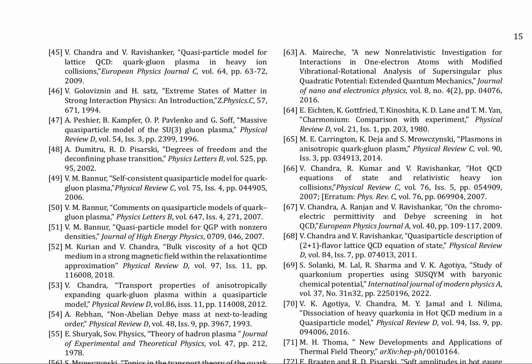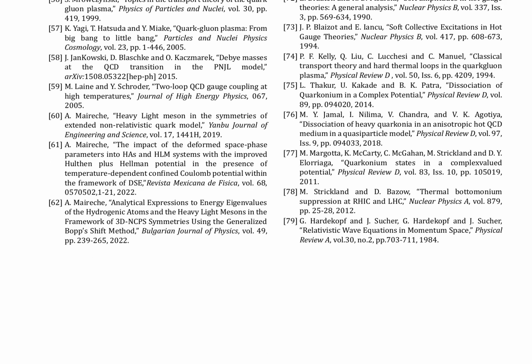The authors have reviewed various quasi-particle models, including those proposed by Chandra and Ravishankar, Peshier et al., and Manohar, which aim to describe the quark-gluon plasma in terms of quasi-particles with non-trivial dispersion relations. These models have been used to study the equation of state, transport properties, and quarkonium dissociation in hot QCD medium.